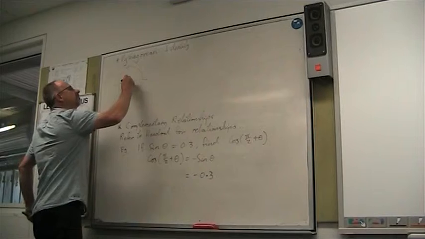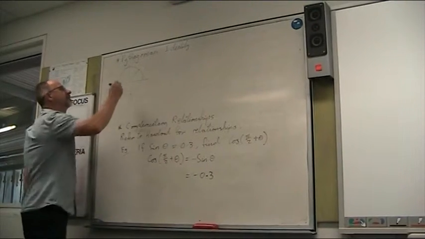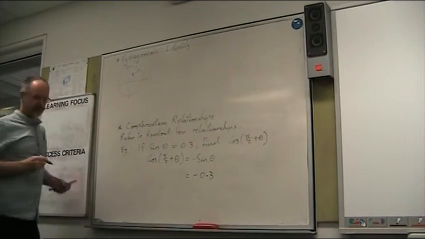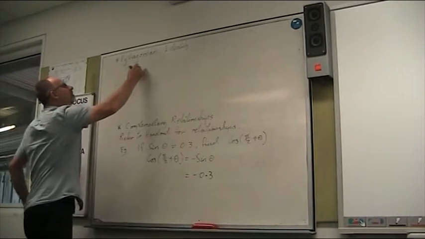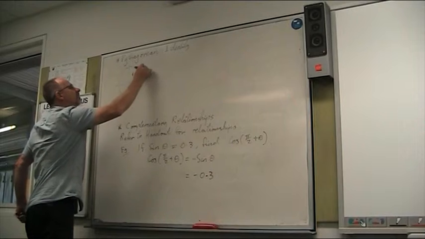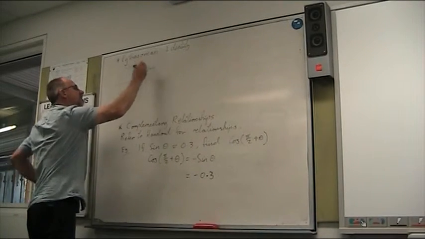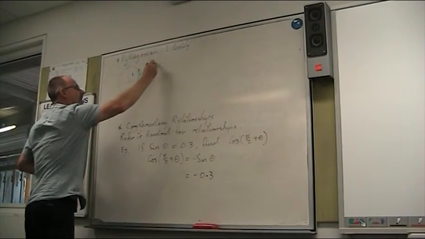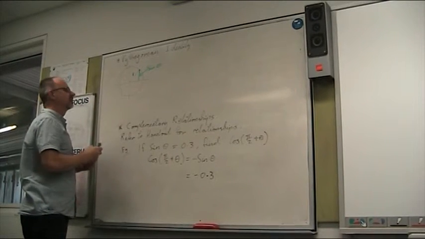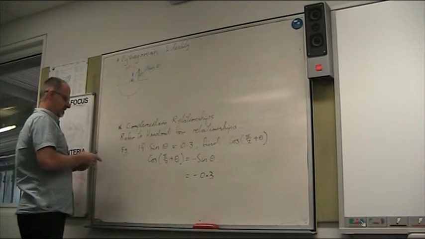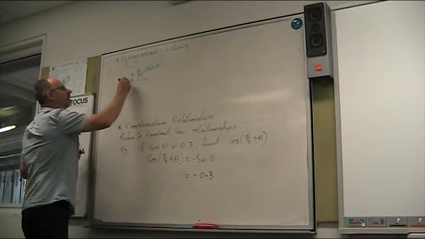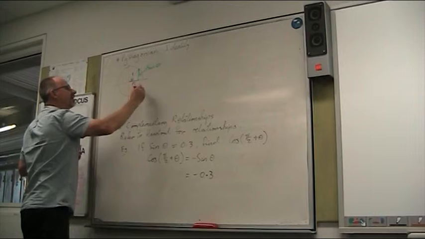So if I've got some angle there, remember this is a unit circle that we're always talking about. I don't always write that in, but it's a unit circle. So in the unit circle, that length there is sine of our angle. Our angle down here is theta. This side here is cos of our angle.